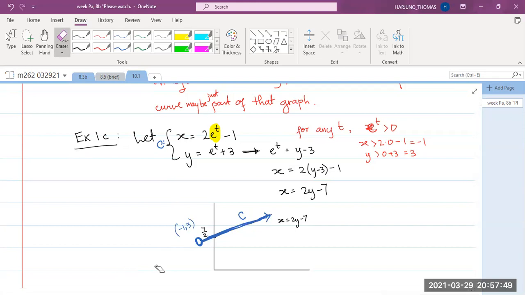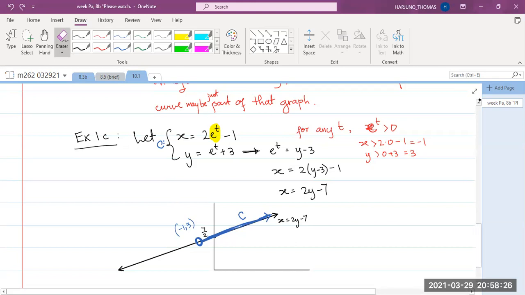So when we try to graph using the eliminating parameter technique, be aware that the graph that you get is maybe greater than what the graph is supposed to look like. In other words, the parametric curve is maybe just part of that big equation. The blue ray here is only part of the black line.